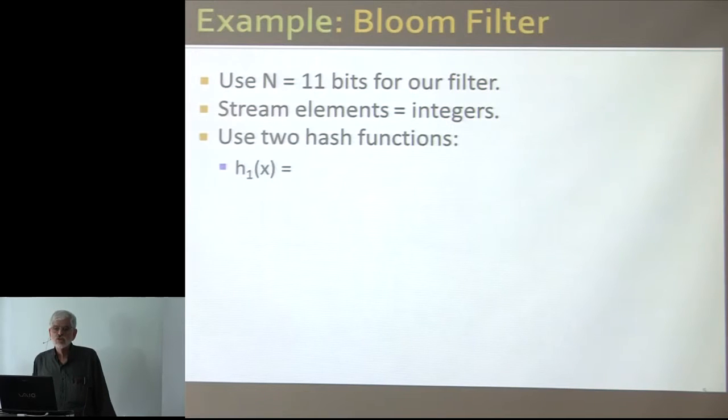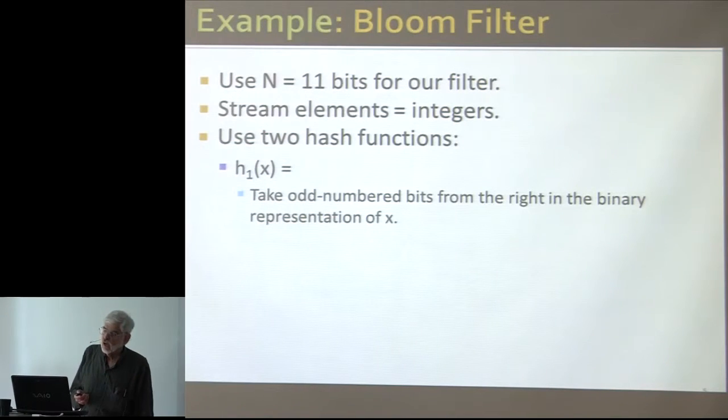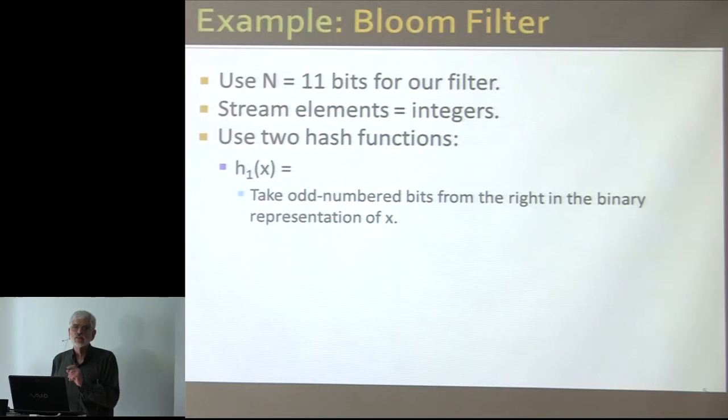We'll assume we have integers. I'm going to have 2 hash functions. The first one is this. You look at the odd position bits from the right end. So the low order bit, since the integer is represented in binary, you're taking the 1's place, the 4's place, the 16's place, and so on, dropping out the other bits, and that gives you some bit sequence which you can then interpret as an integer.